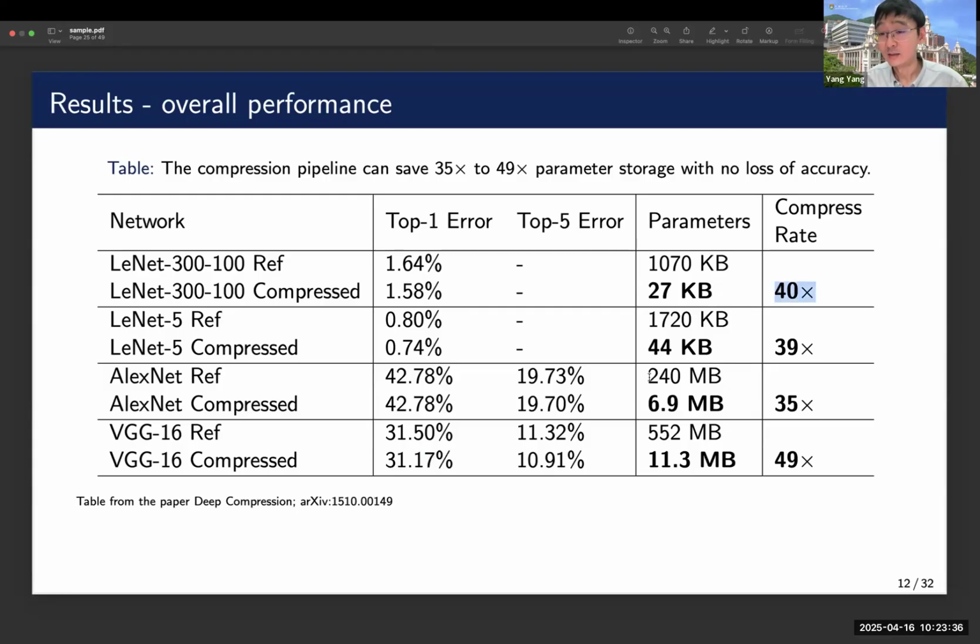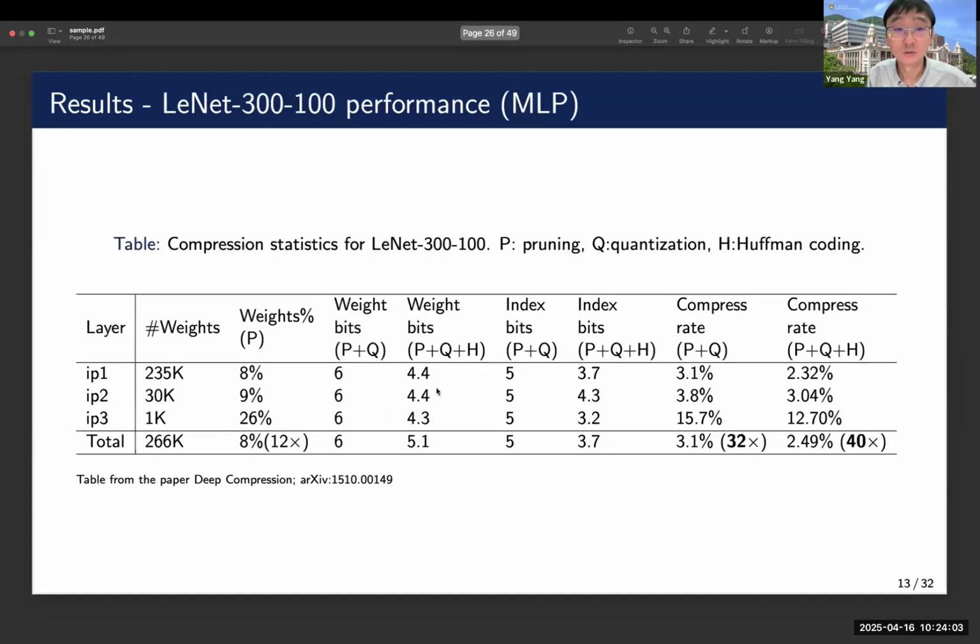You can compare the original model, which is 240 megabytes, to less than 6.9 megabytes, like a 35 times reduction. So now the model can run fast on your cell phone or other mobile device, which the original model cannot, and it achieved similar or even better performance compared to the original model.